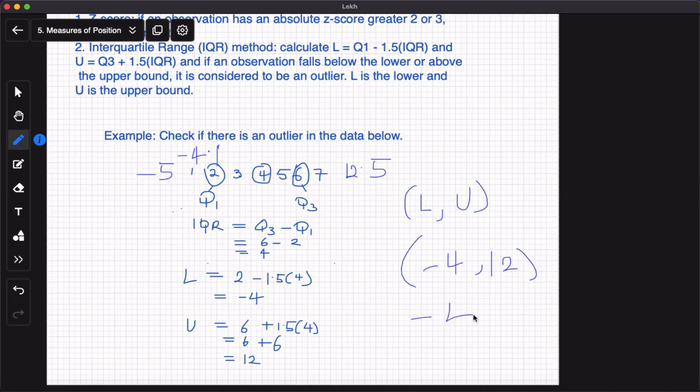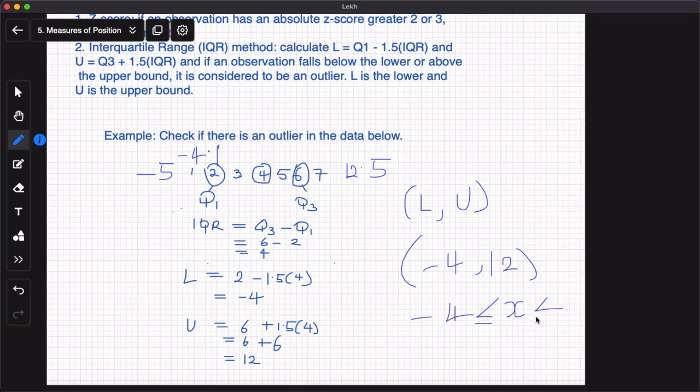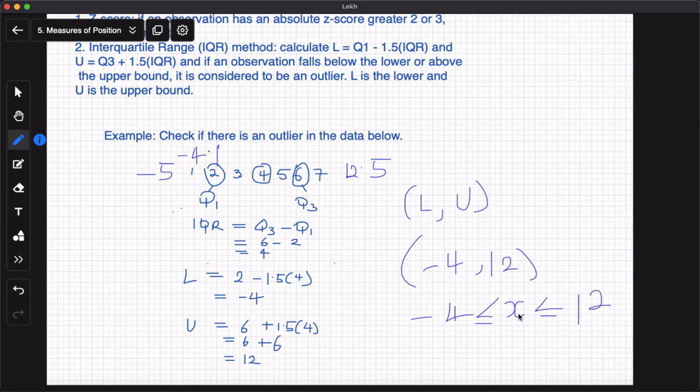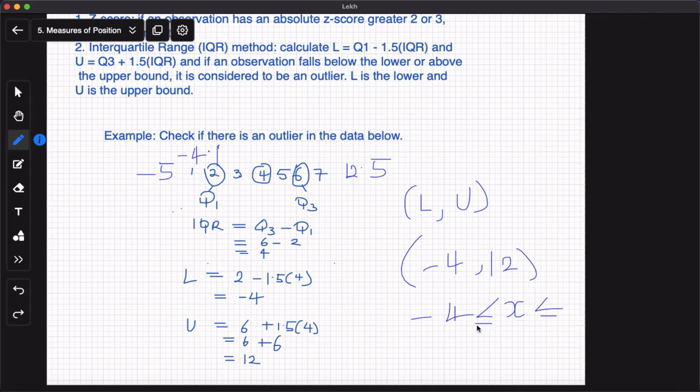So what I'm saying is minus 4 less than or equal to x less than or equal to 12. Our boundary, we are looking for the x's that are not in this interval here.